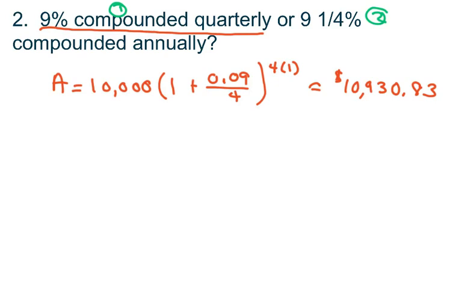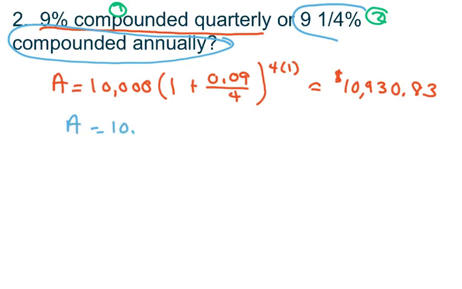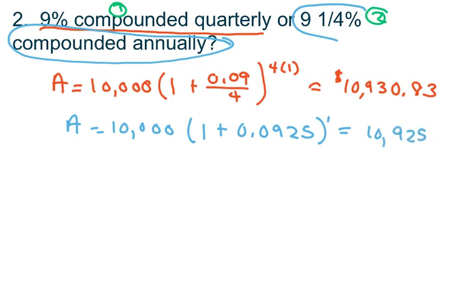And the second one, A equals 10,000 times 1 plus 0.0925, because it's annual, so I don't have to divide, to the first power, which equals 10,925. And so our winner is the first one. This is larger.